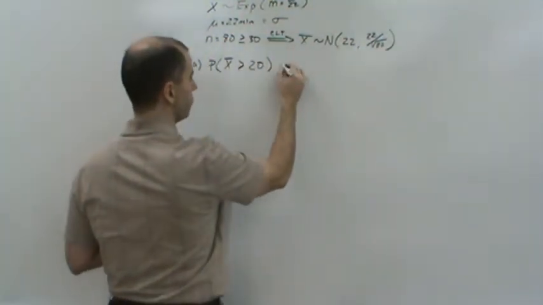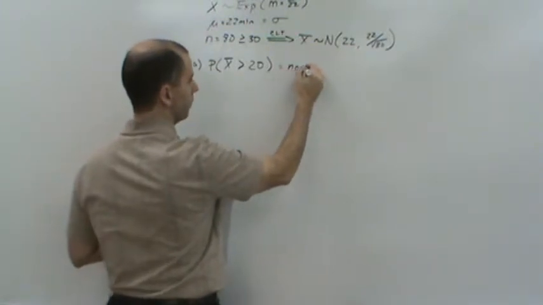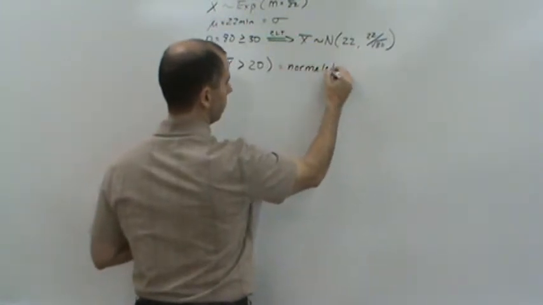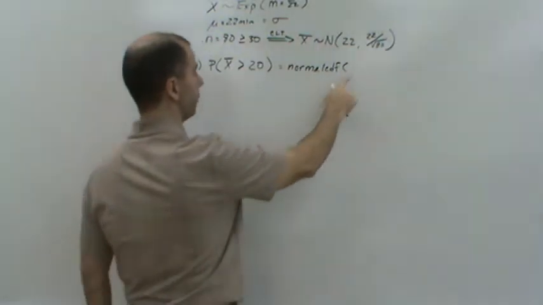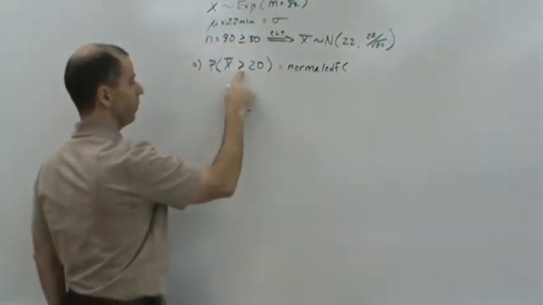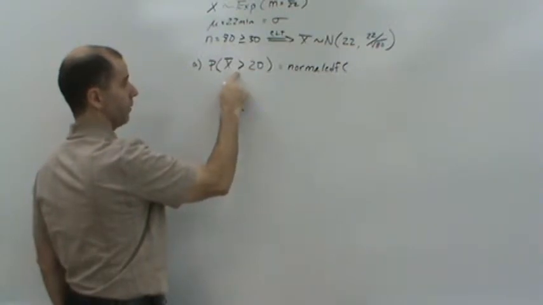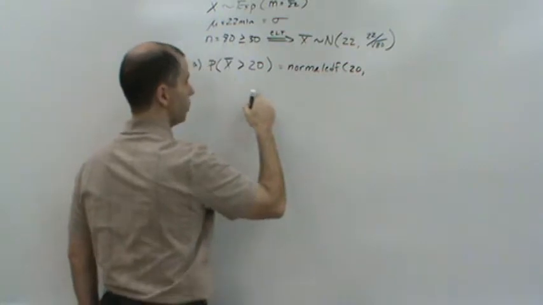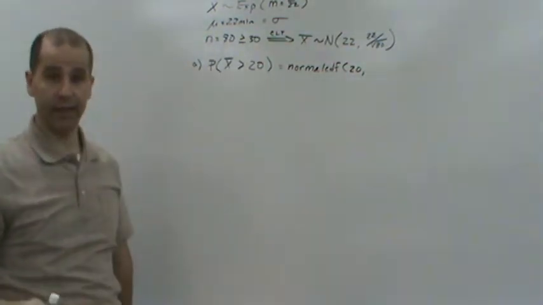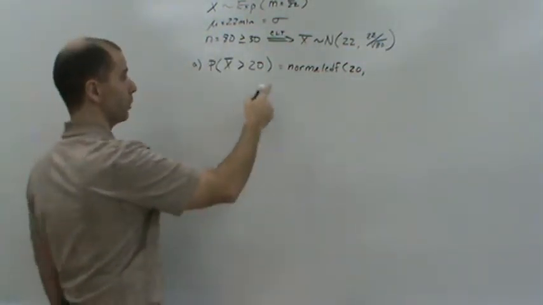Now we can use normal CDF and just plug in the values. The first thing is our lower bound. Our lower bound here is 20 because it's greater than. So we start at 20 and it goes up to what? It goes to infinity on the normal curve.